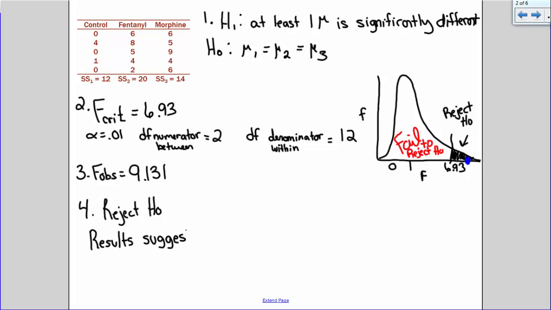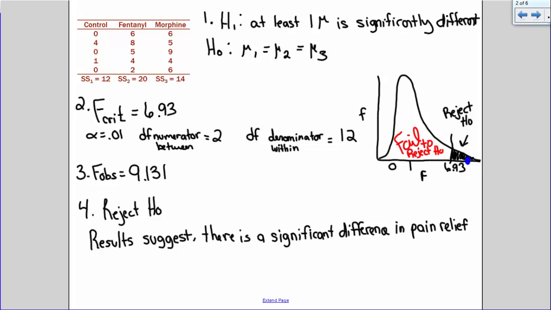So results suggest that there is a significant difference, right? That word significant is important. Significant difference in pain relief among the 3 pain medication conditions.